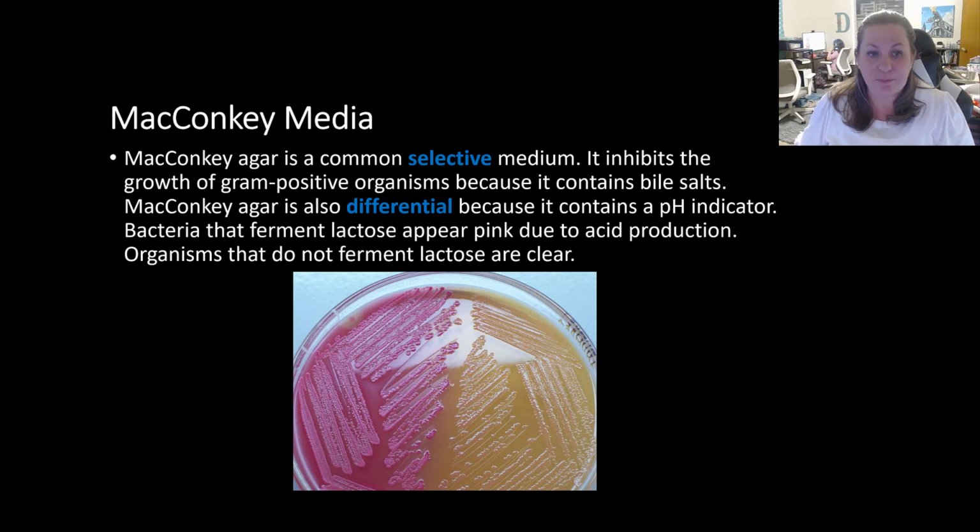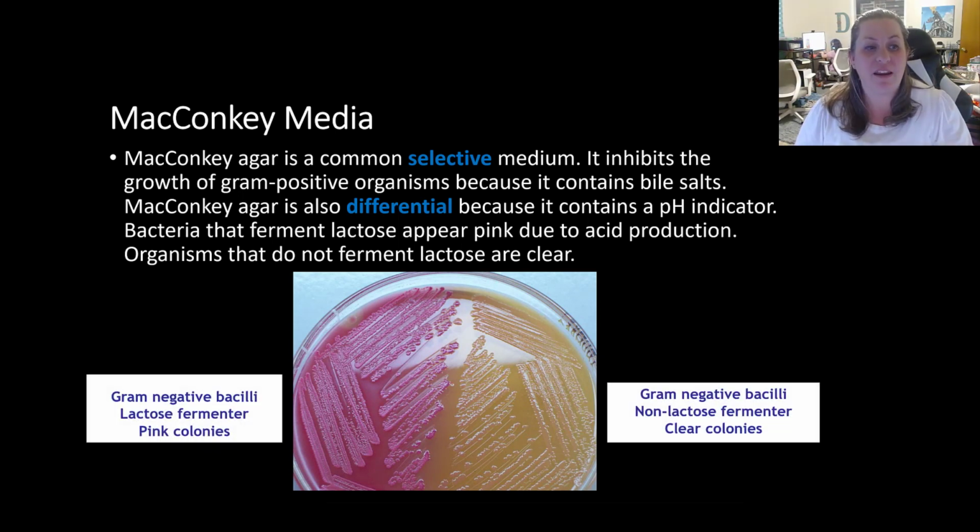If you look here, you're going to notice that the gram-negative bacilli on the pink side are the lactose fermenters, so they have formed the pink colonies. On the other hand, the gram-negative bacilli are the non-lactose fermenters, and they form the clear colonies. All right, so again, these are gram-negative bacteria because it's selective, but differentially, you can see that there's a difference in how these guys will grow on the plate.